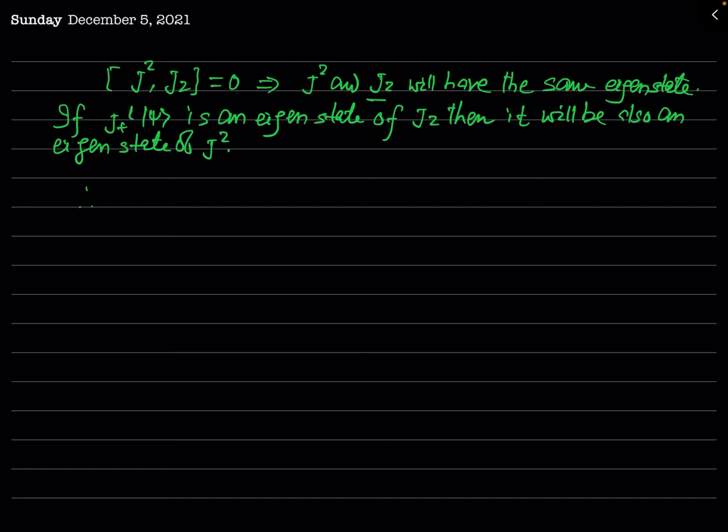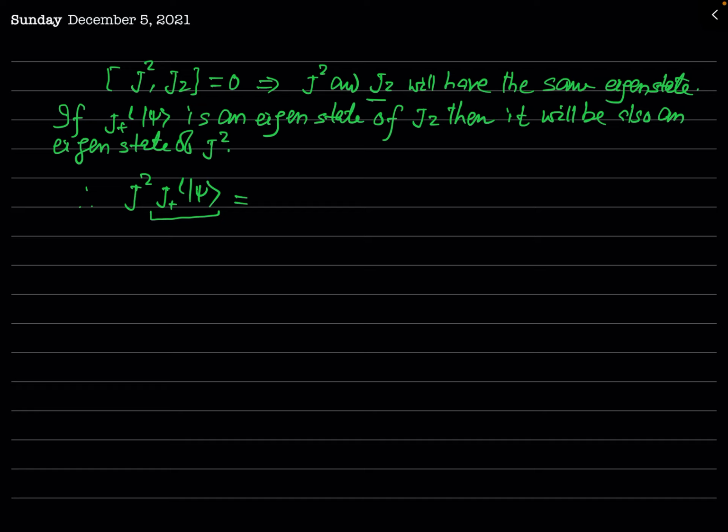Therefore, we can write j square operated on the eigenfunction j plus L k psi. Remember, here eigenfunction is not k psi, but we have considered that this j plus L k psi is the eigenfunction or eigenstate of this operator j square. And what will be this?